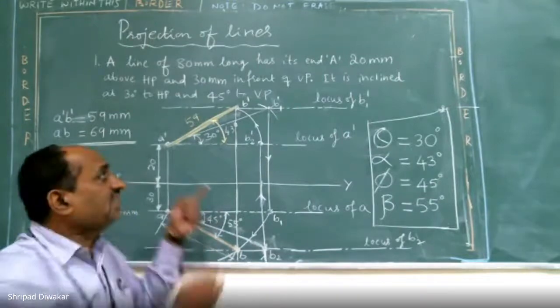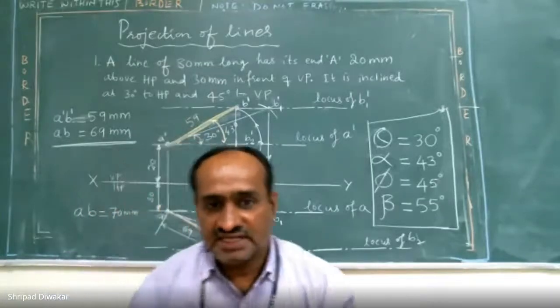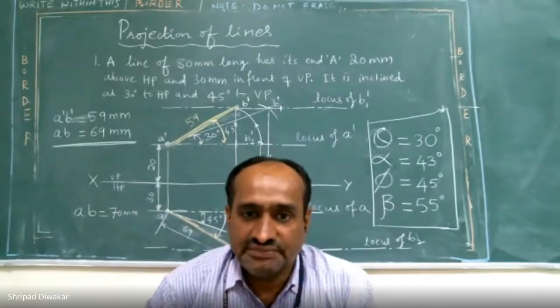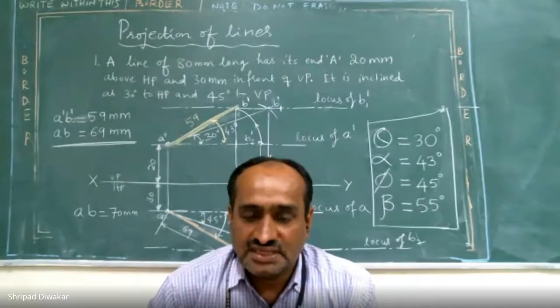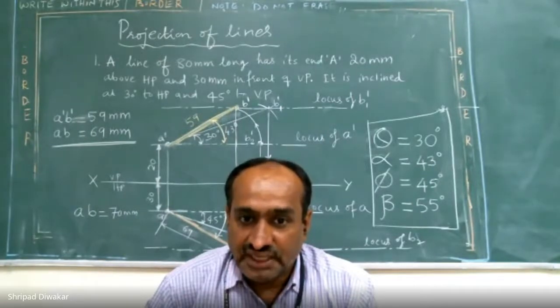This is your apparent length, right? This is A dash B dash. So remember, A dash B dash is the apparent length in front view. AB is the apparent length in top view. A dash B1 dash is your true length in front view. AB2 is the true length in top view.